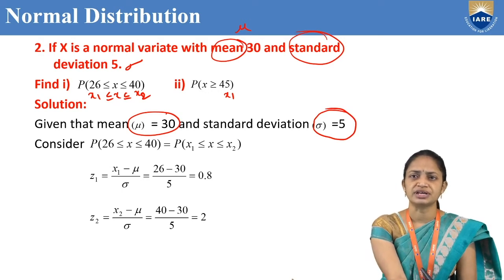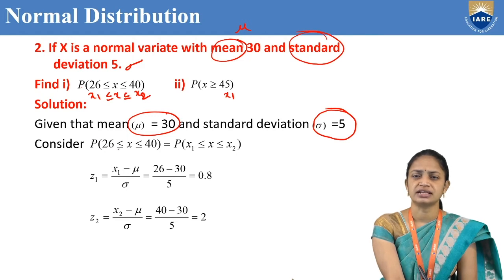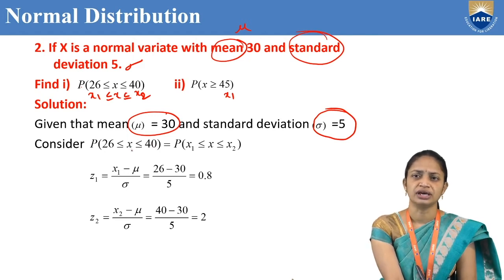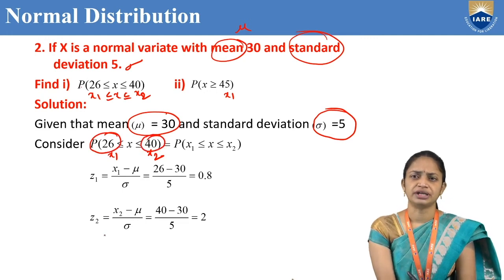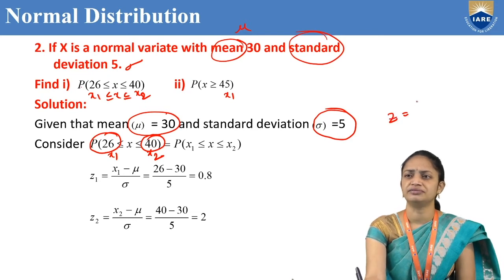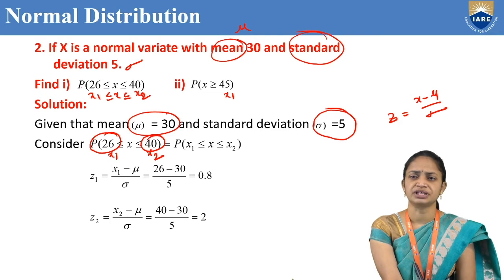Coming to the first question, that is P of 26 less than or equal to x less than or equal to 40. This is in the form of probability of x1 less than or equal to x less than or equal to x2, so x1 equals 26 and x2 equals 40. According to the normal distribution formula, z equals x minus mu by sigma. Since we have two values, x1 and x2, we need to find z1 and z2.